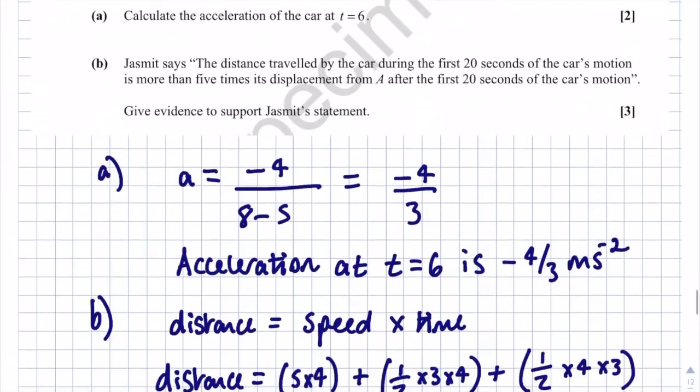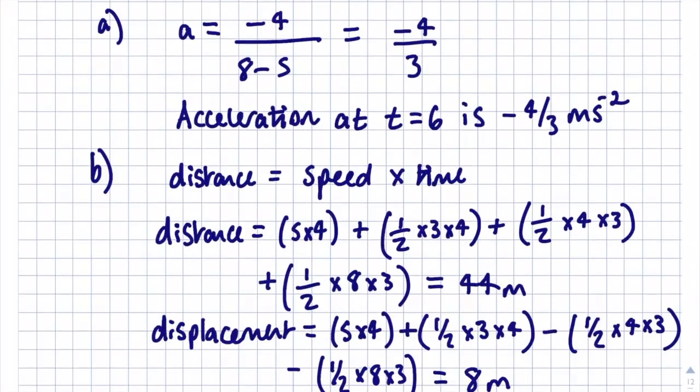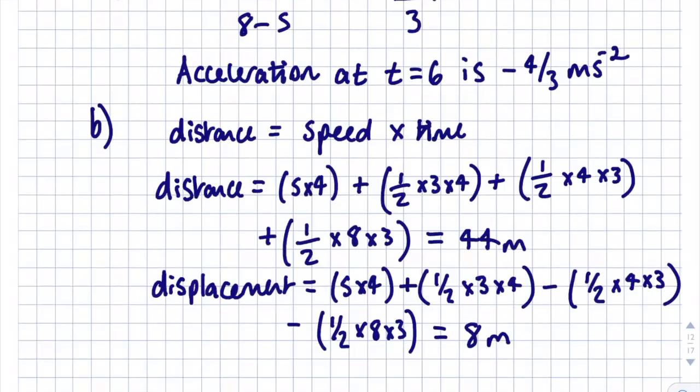Now, the question said that the distance travelled by the car during the first 20 seconds of motion is more than 5 times its displacement. So what we can do is take our distance, divide it by our displacement, and see how many times more our distance is compared to our displacement.